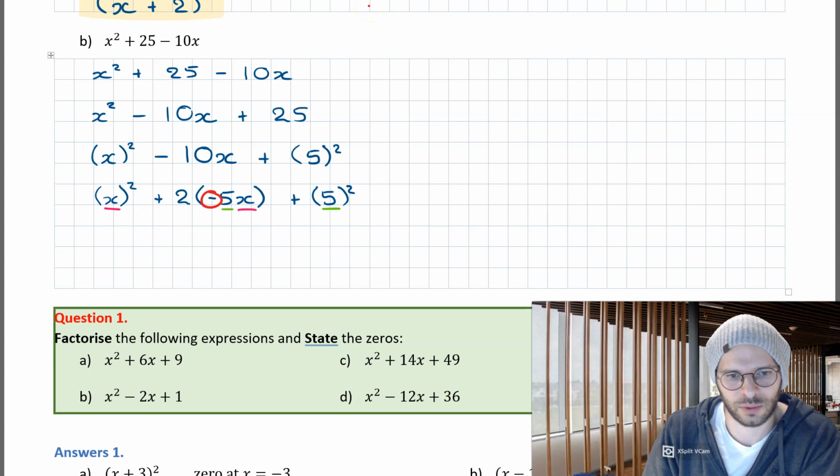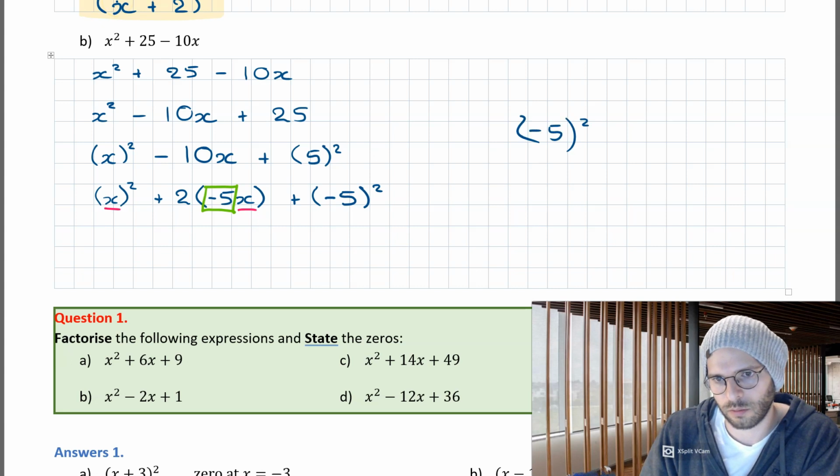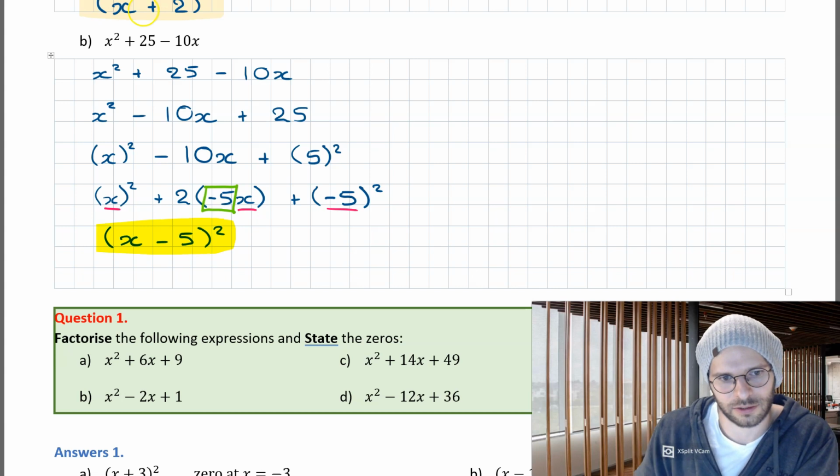What we need to do is a clever manipulation. Rather than just having the minus on its own, we need to box that minus 5 together. And we're allowed to do that because if we look at the square over here, we can change this 5 into a minus 5 squared, and minus 5 squared will still give us 25. So what we're dealing with is something that looks like x take 5 all squared. So this is our perfect square factorization there.